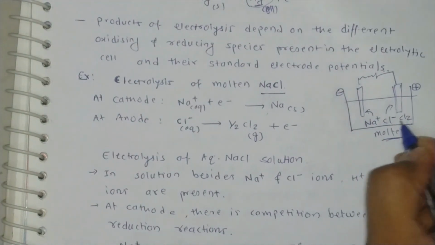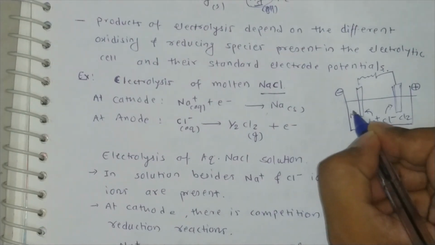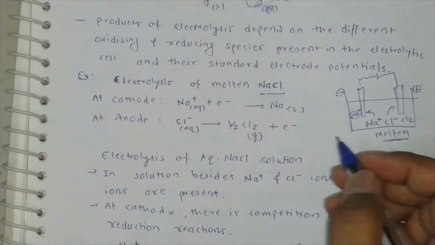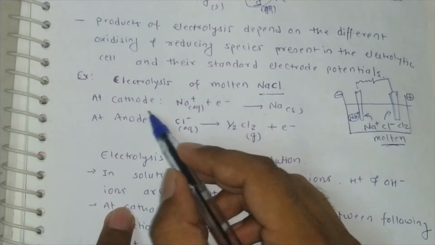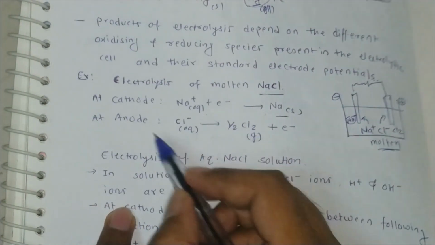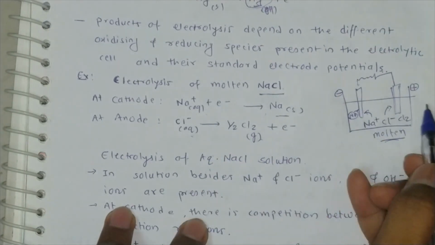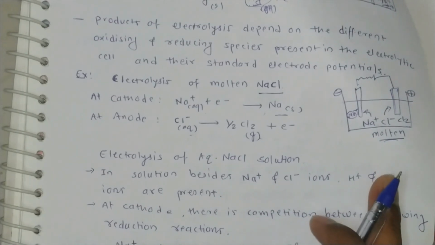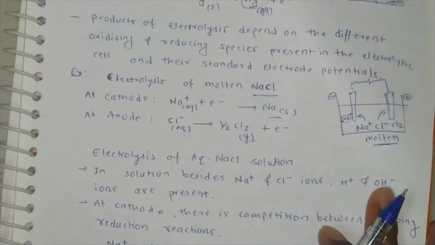There is formation of Cl2 gas at the anode, and deposition of sodium over the cathode. Clear? So at the cathode sodium is deposited, and at the anode chlorine gas is formed. This is the simple reaction that happens in electrolysis of molten NaCl.